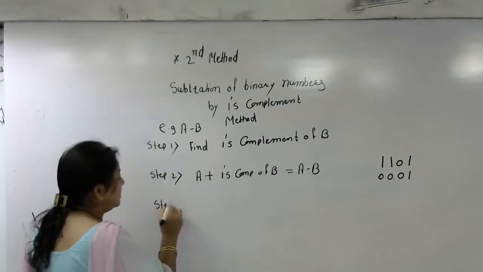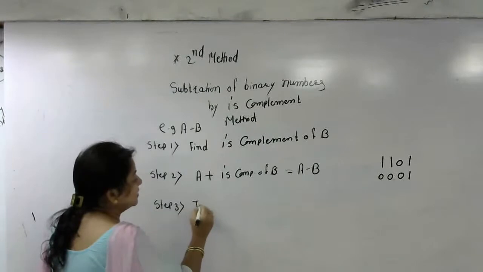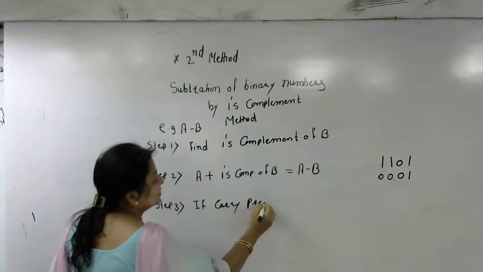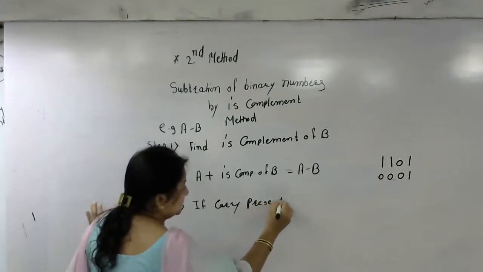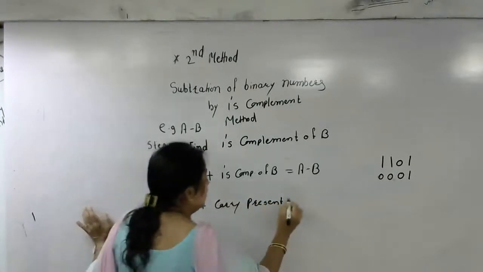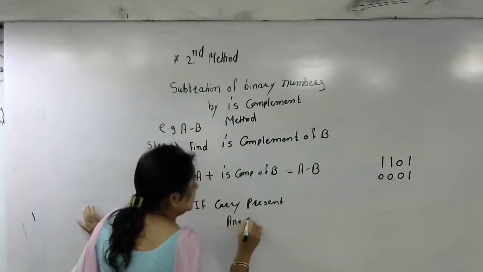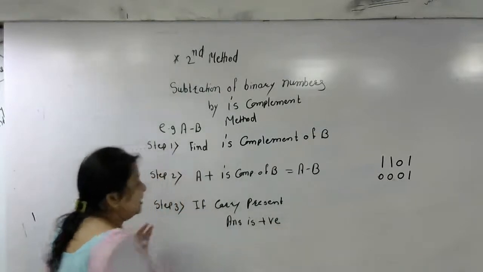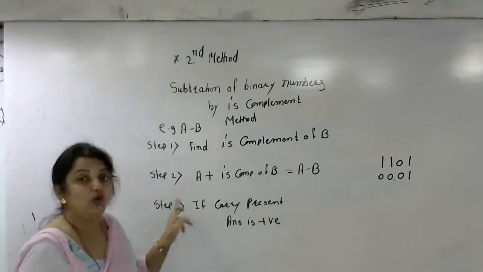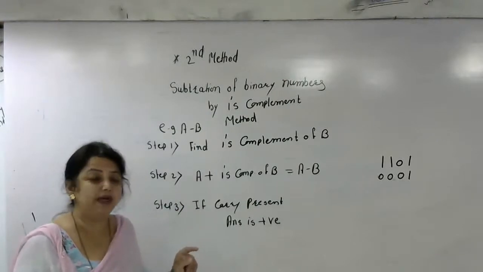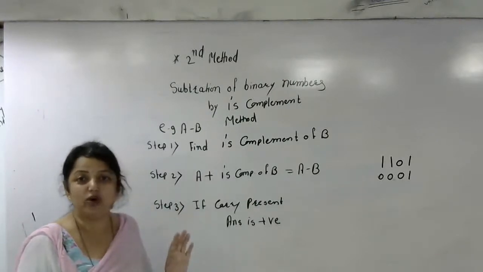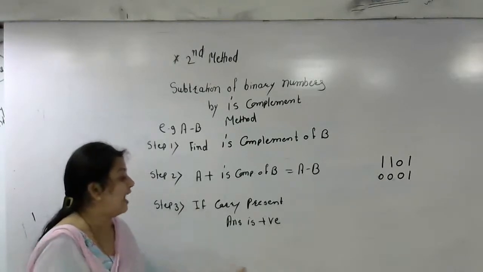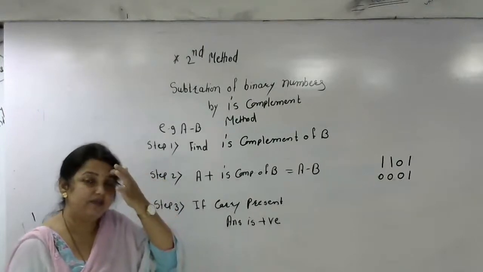What is step 3? If carry is present, the answer is positive. But in the subtraction by 2's complement method, we ignore that carry, we delete that carry, or we do not consider that carry. But here in the 1's complement method, you have to add that carry to your answer.